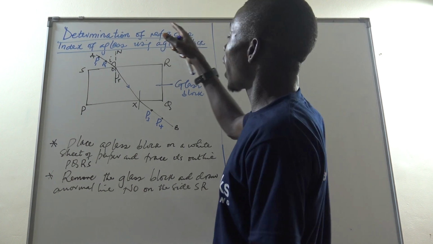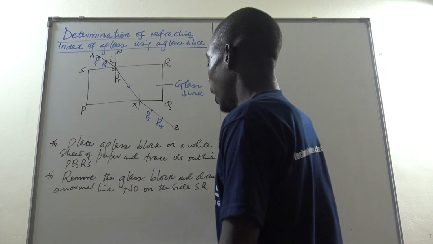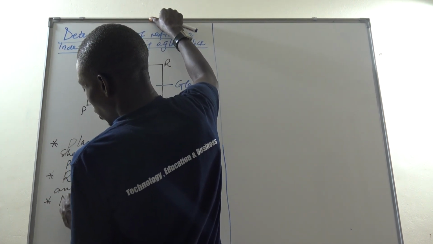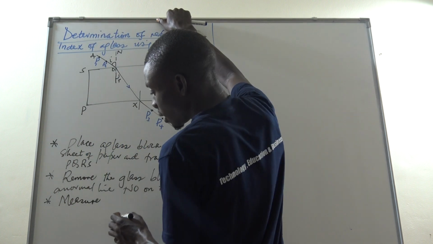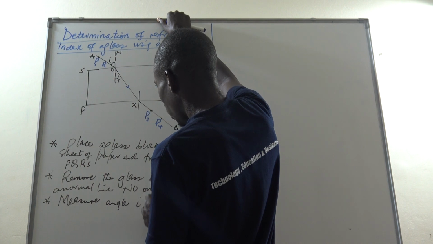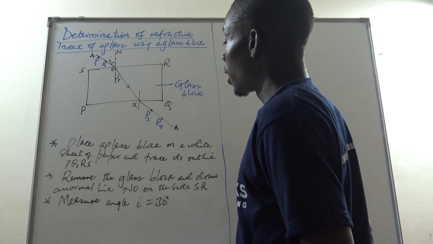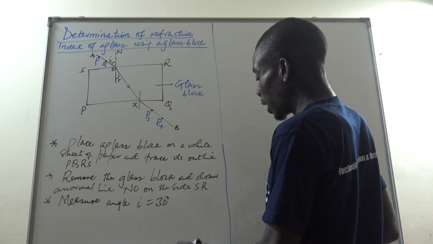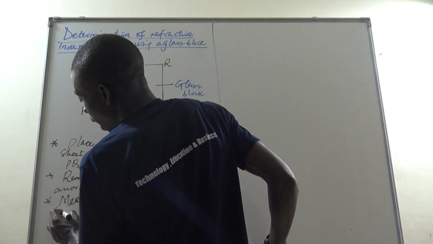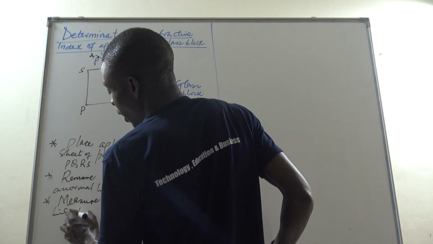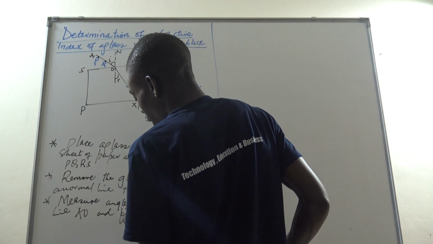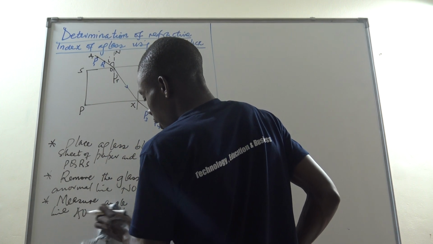You will now draw a normal line on the side SR. And then after drawing that normal, measure angle I equaling to such a degree. Okay? Measure angle I equaling to such a degree and draw line A, O.